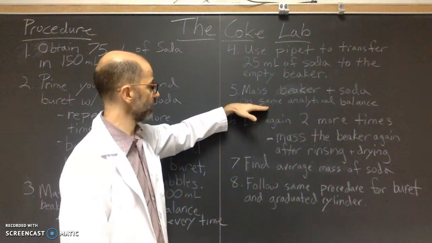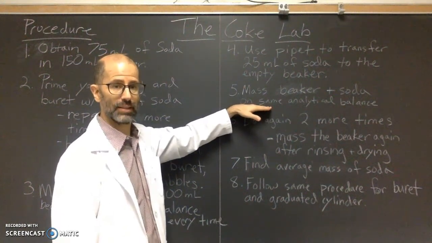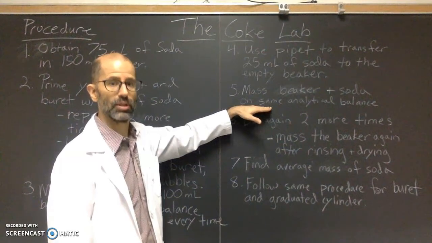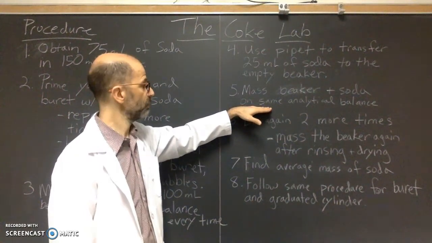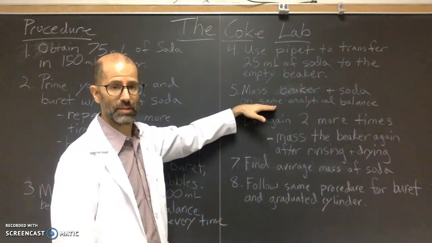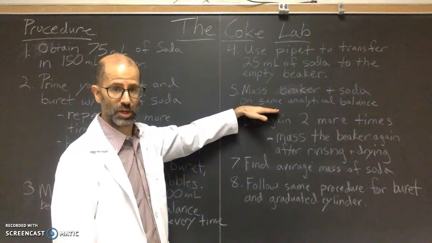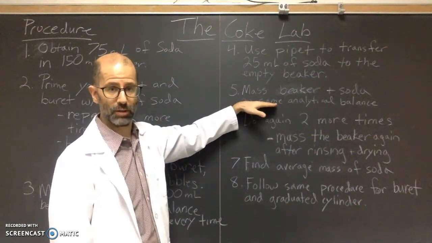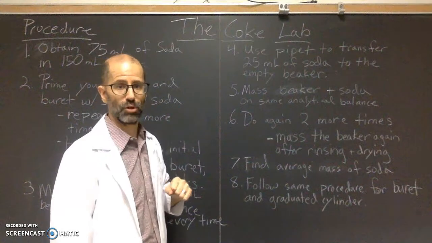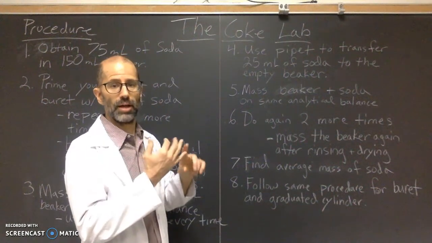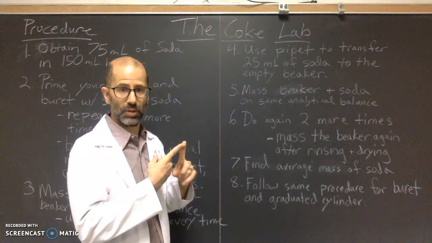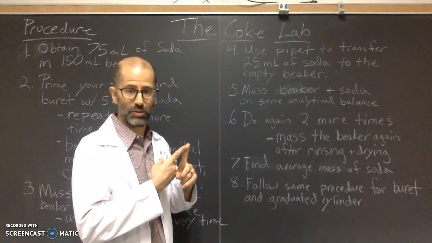So then you're going to take your beaker with the contents and go back to the balance that you originally used to get the mass of your empty beaker. And then you're going to get the mass of the beaker with its contents. So now you have two measurements for your pipette. So you have one for the empty beaker and one for the beaker with the 25 milliliters of the soda.